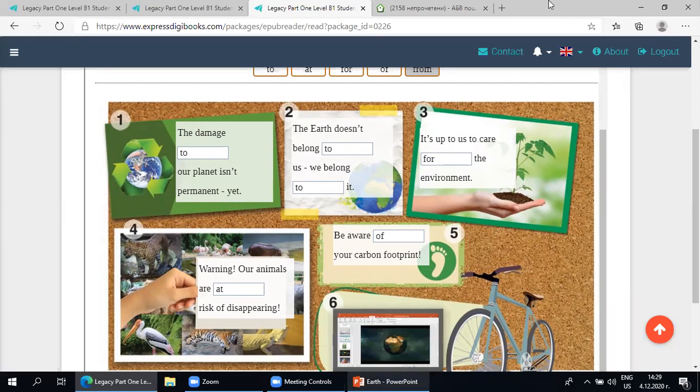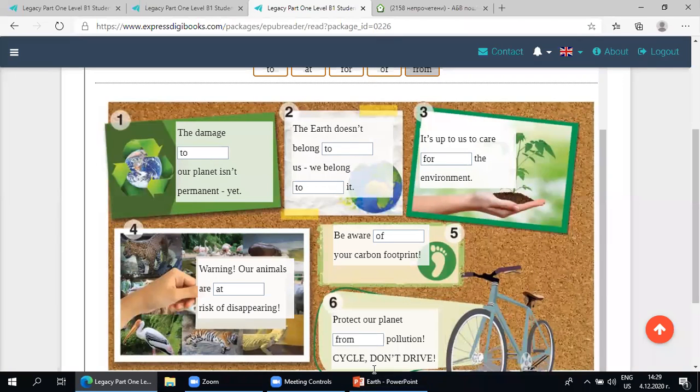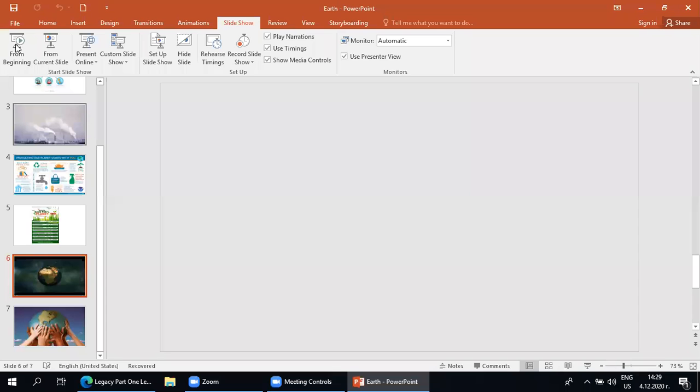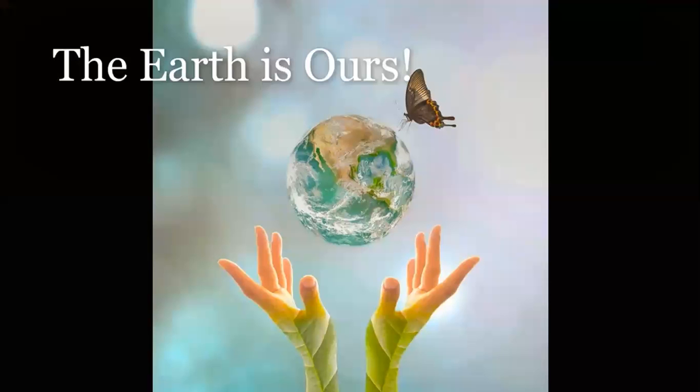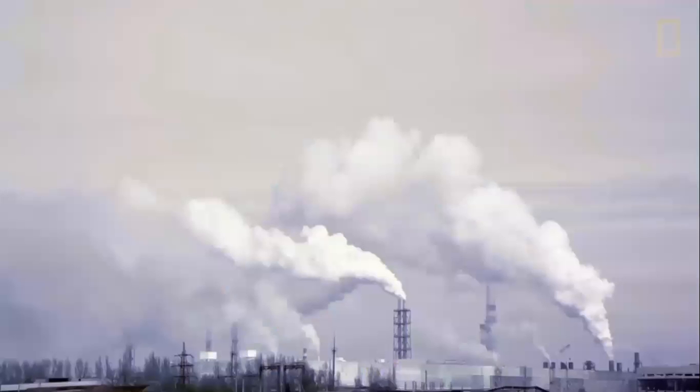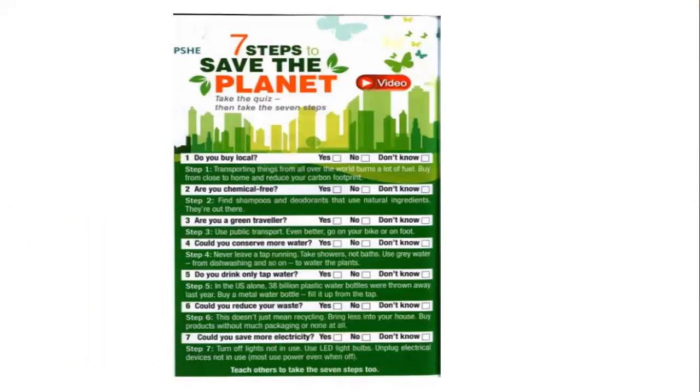Okay, so there are many ways to help our planet. Of course, it's important to buy local food, for example, because the transport itself causes a lot of burning of fuel.